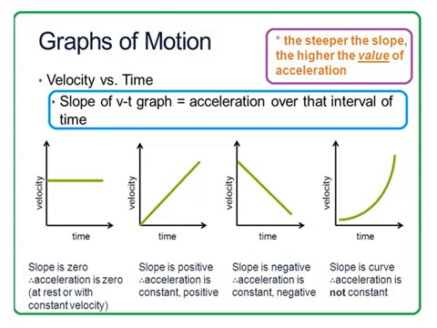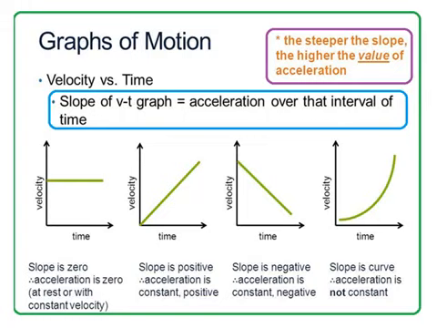Here, we are seeing with velocity time graph. The slope of the velocity time graph gives you the value of acceleration, and that's what it is given in the blue border. Slope of a VT graph, which is equal to acceleration over that interval of time.